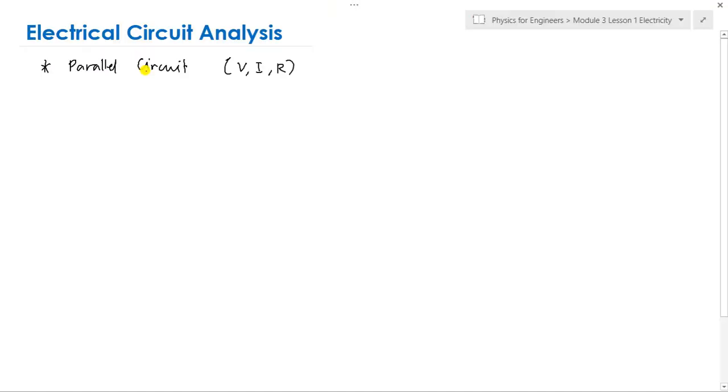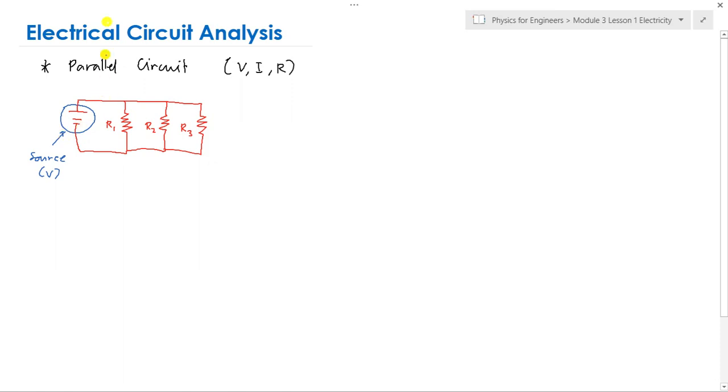Considering a circuit in a parallel arrangement, we have a power source here, then resistor 1, which we parallel with another resistor, resistor 2, and also parallel with resistor 3, R3. Again, this is our power source, and of course the voltage V.